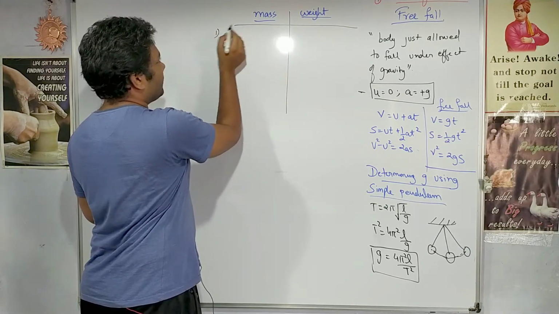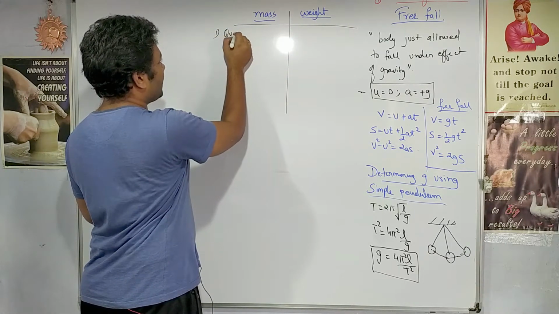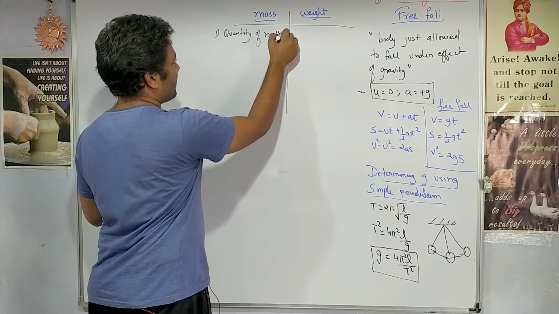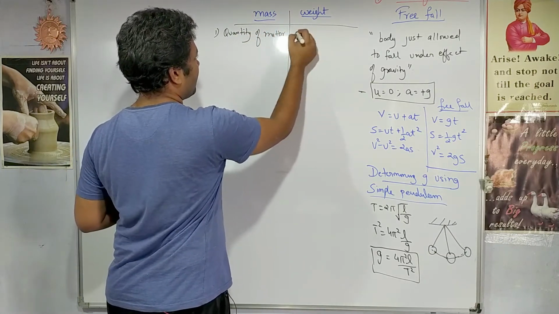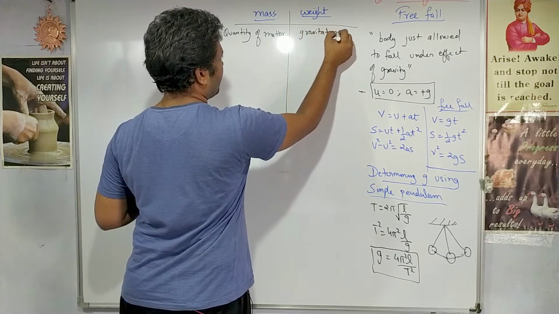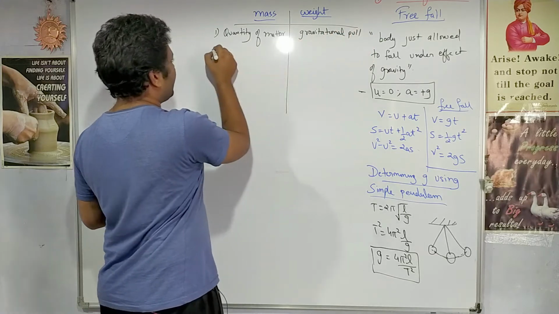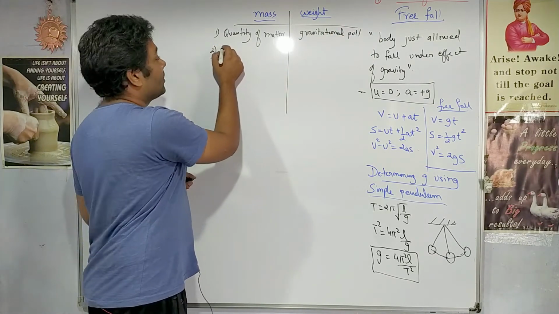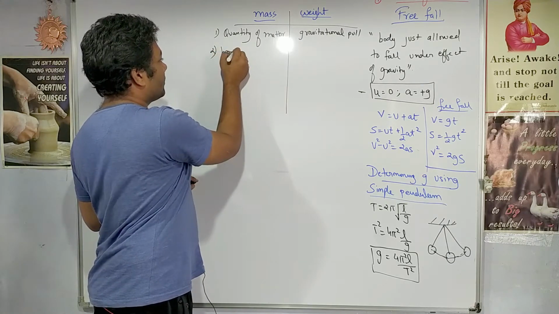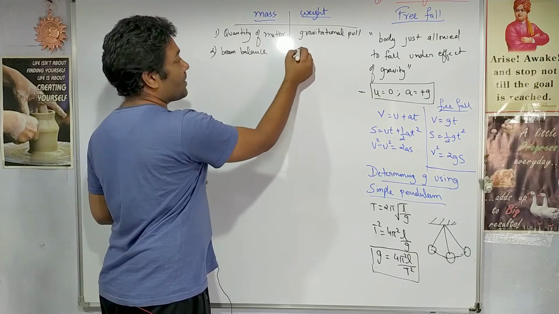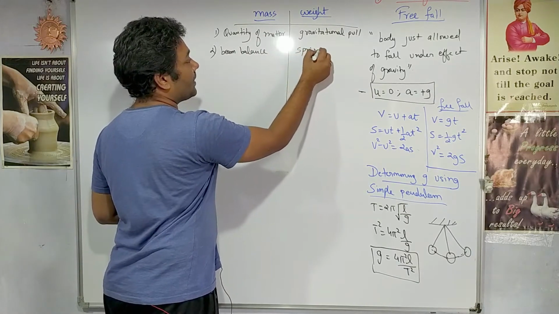So the first point: mass is quantity of matter, the most basic definition, whereas weight is gravitational pull. Mass is measured with the help of a beam balance, and weight is measured with the help of a spring balance.